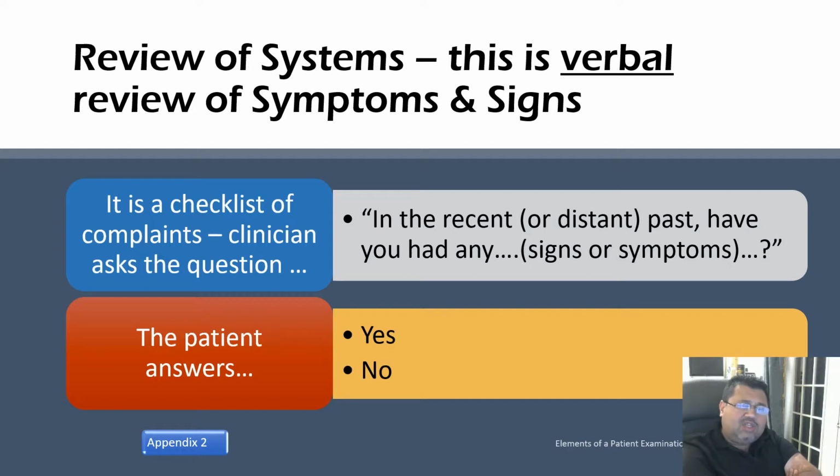Now, this review of systems is specific in times when you know that the complaint is related to a particular system. Then we may just say, do you have any other complaints anywhere else? And if the patient says no, then that's okay. Then you don't need a systematic examination of other systems. Sometimes you do.